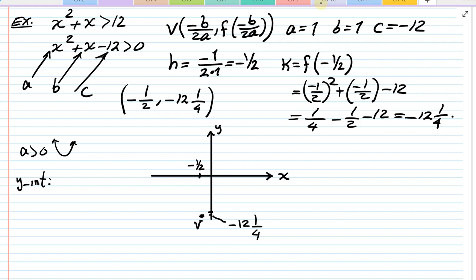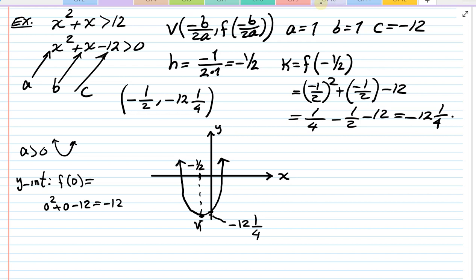For the y-intercept, you plug in 0 in the function. f at 0 is 0 squared plus 0 minus 12, and that's negative 12, just above this point. So there you have it. That's going to be the right side of this, and the left side, of course, will be a mirror image.